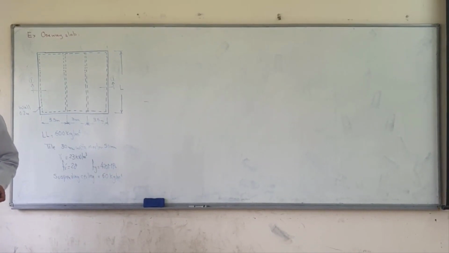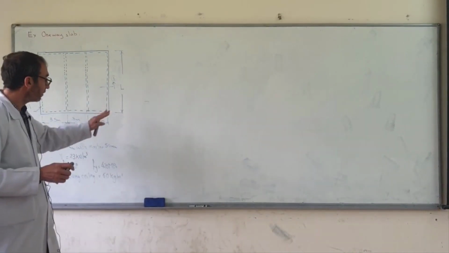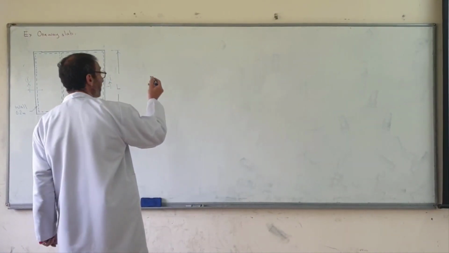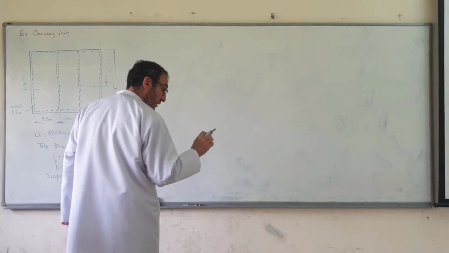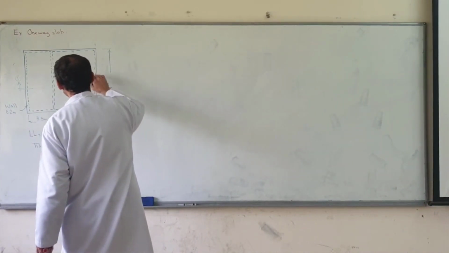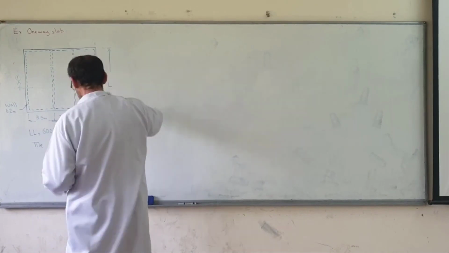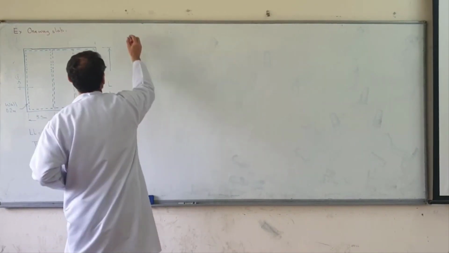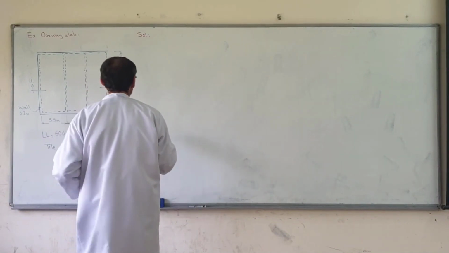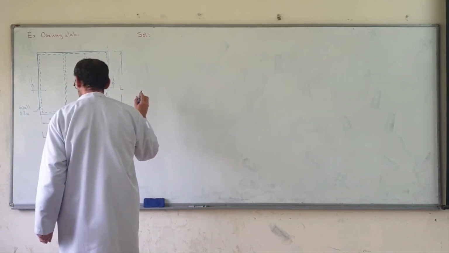Now I go to check if I can use ACI coefficients to find the moment and the slab thickness. ACI coefficients, now I go to the solution. I can use ACI coefficients with the clear span.